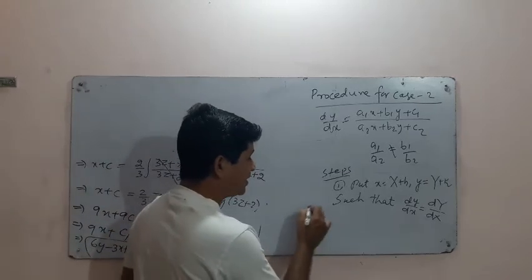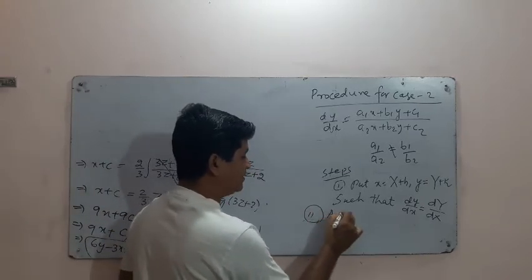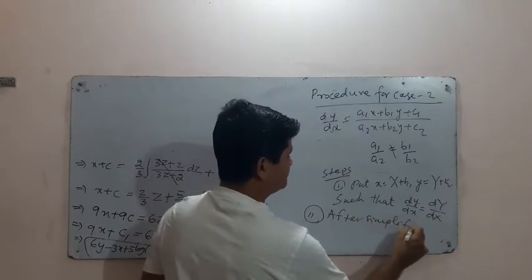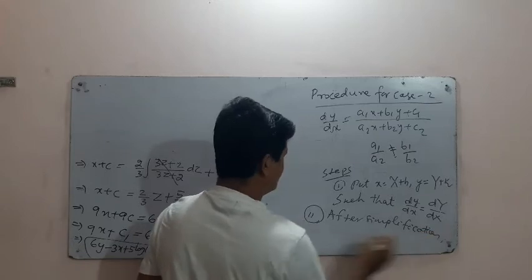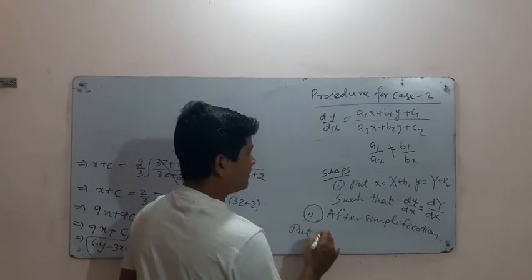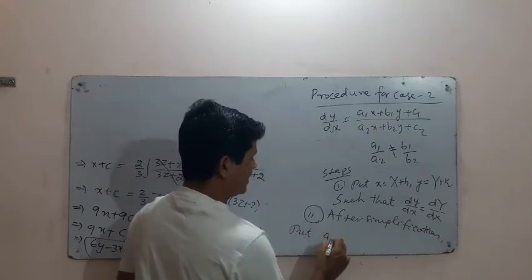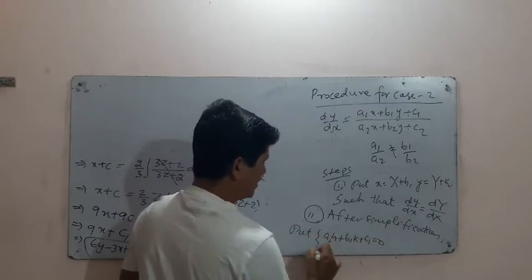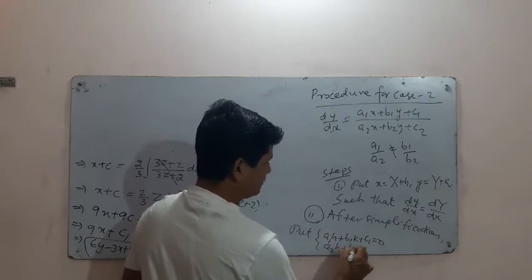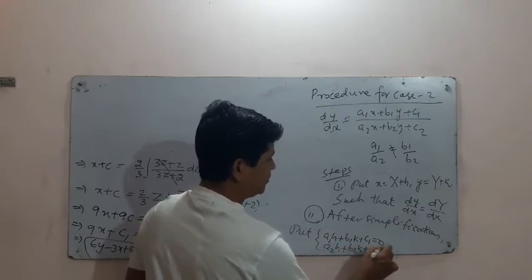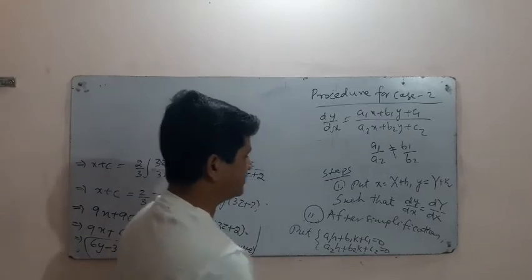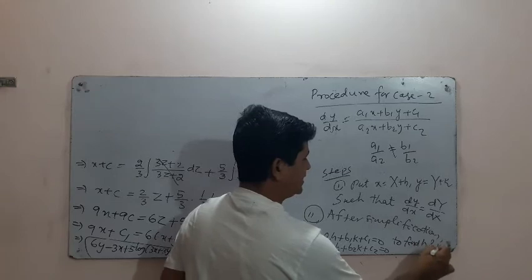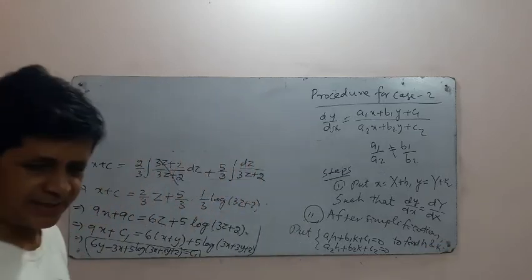Now after simplification, put a1h plus b1k plus c1 is equal to 0 and a2h plus b2k plus c2 is equal to 0 to find h and k. To find h and k, right?